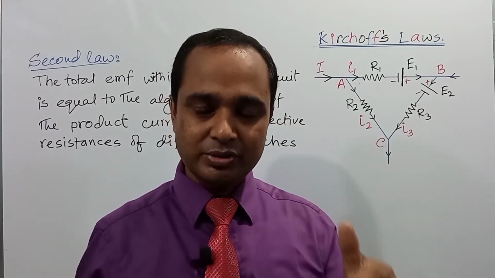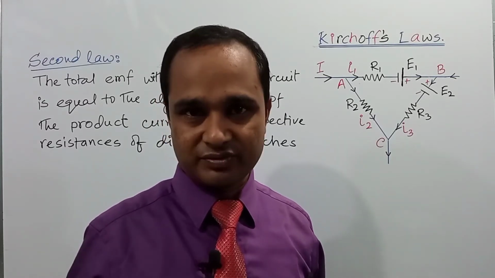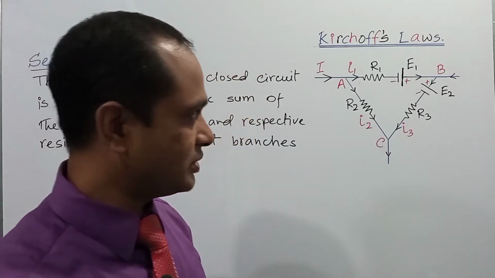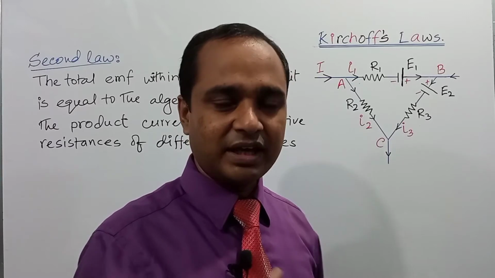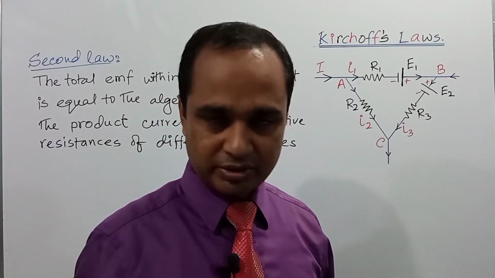But according to your requirement or convenience, we can change the convention. If you want, you can take the anti-clockwise current as positive and the clockwise as negative. It depends on your requirement.